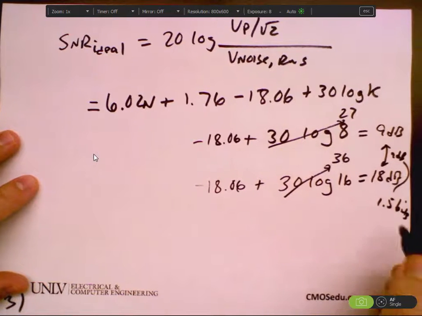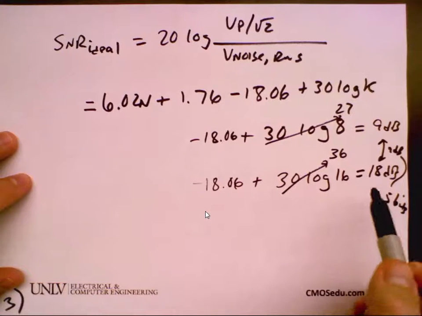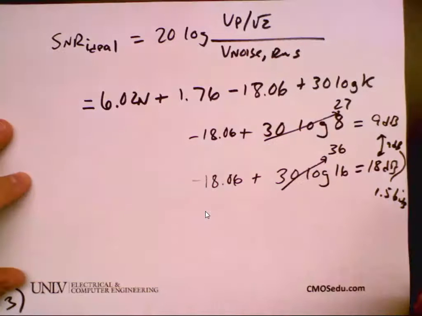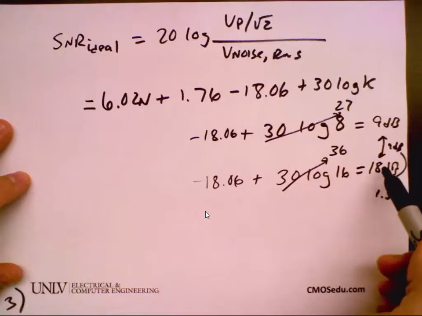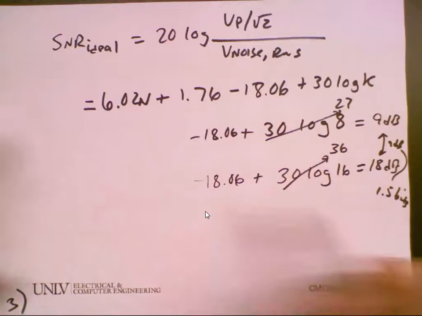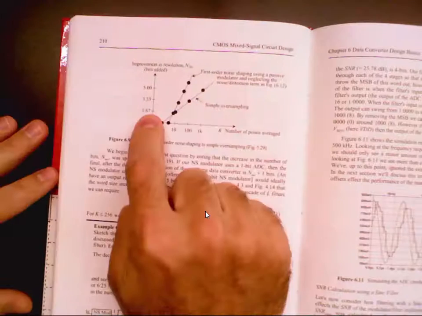Have I made it clear that every time I double the oversampling ratio that I get 1.5 bits increase in resolution? So I could do the next, I could do 32 and it would go up to 27, the difference, etc. So is that all clear to everybody? Okay, so if I go back and I look and I say, oh, that's what he's showing right here.